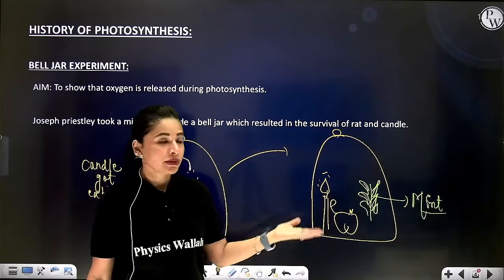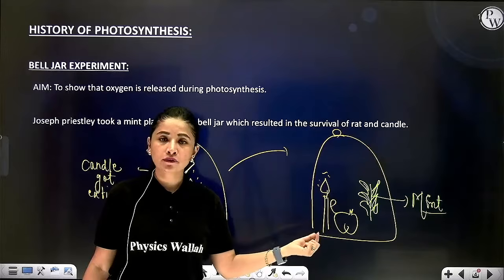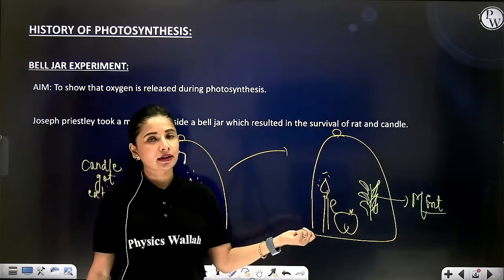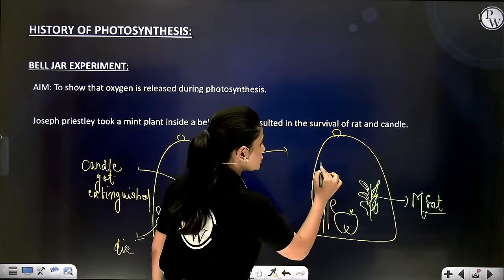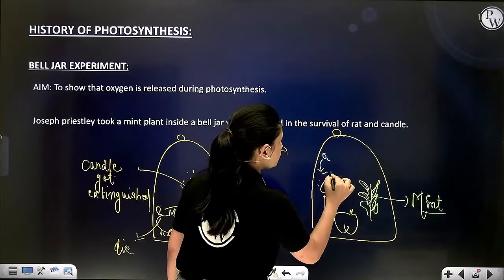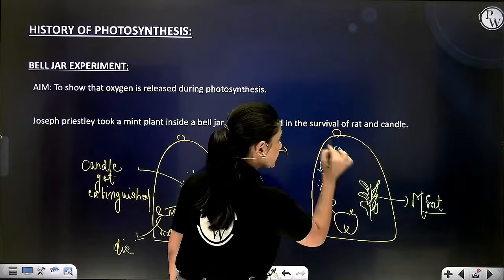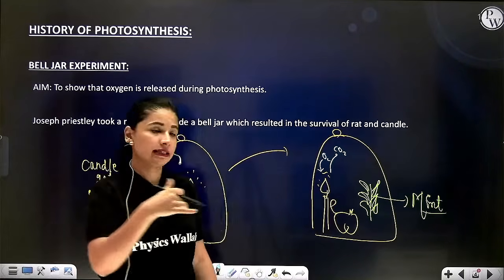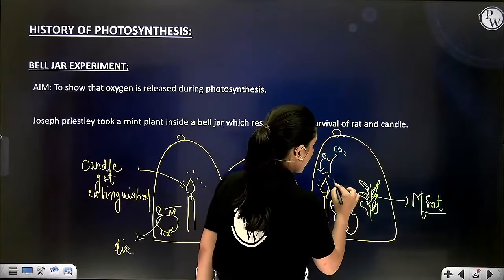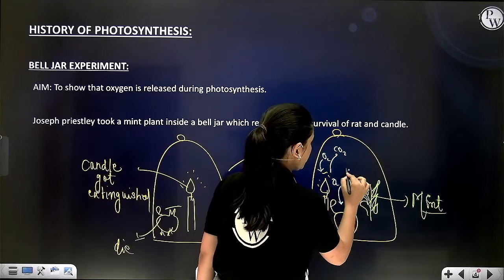See how. For the burning of a candle, for combustion, oxygen is required. The candle intakes oxygen and in return releases CO2. Same with the mice: for respiration, mice also intake oxygen and release CO2.